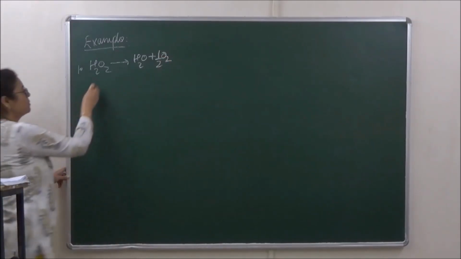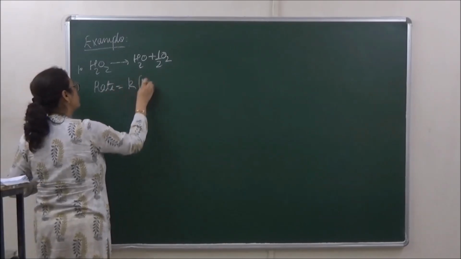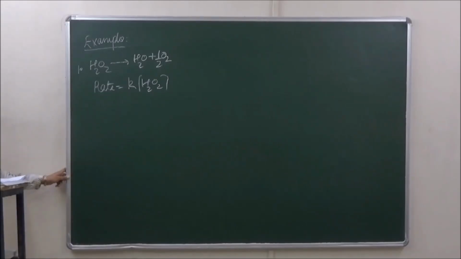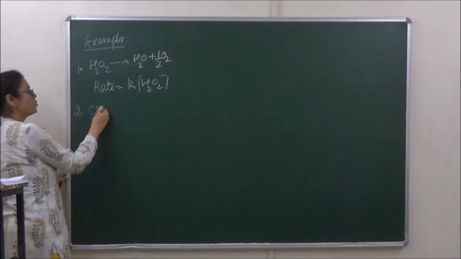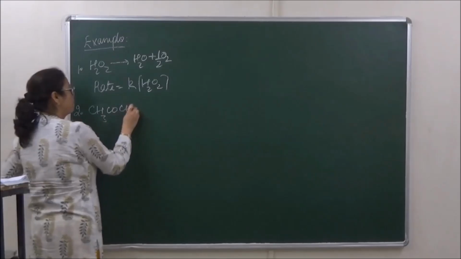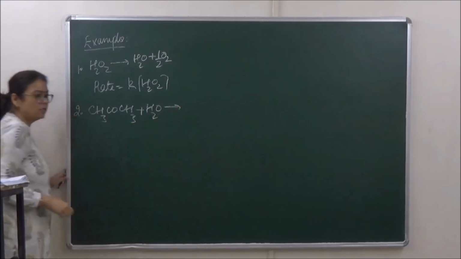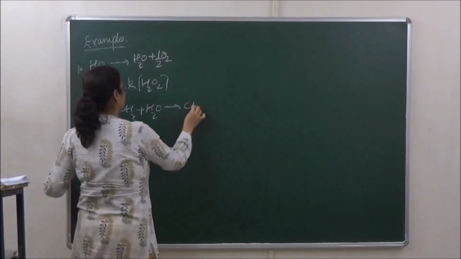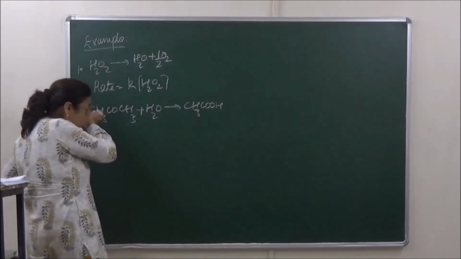So rate for this will be written as rate is equal to K into concentration of H2O2. ठीक है. सेकेंड हमारे पास है हाइड्रोलिसिस ऑफ एसीटोन. दिस इज अ सीडो फर्स्ट ऑर्डर रिएक्शन. हाइड्रोलिसिस रिएक्शन है, तो हमने पढ़ा था कि जो हाइड्रोलिसिस रिएक्शन होता है दैट इज अ सीडो फर्स्ट ऑर्डर रिएक्शन.